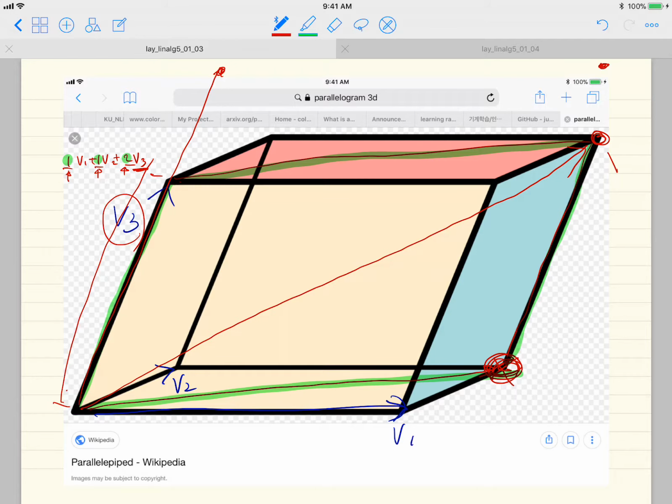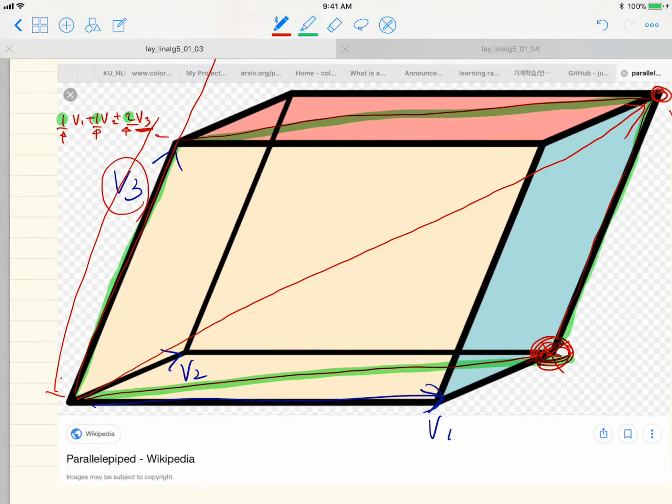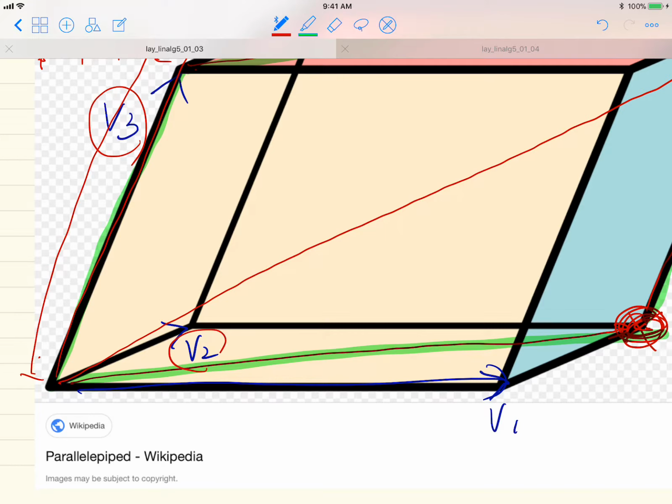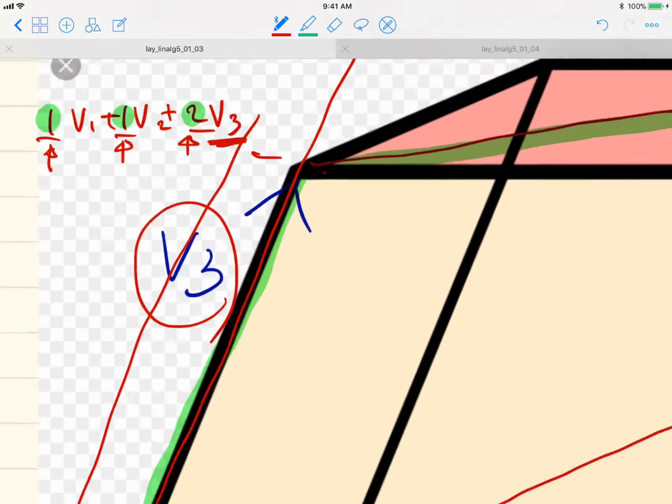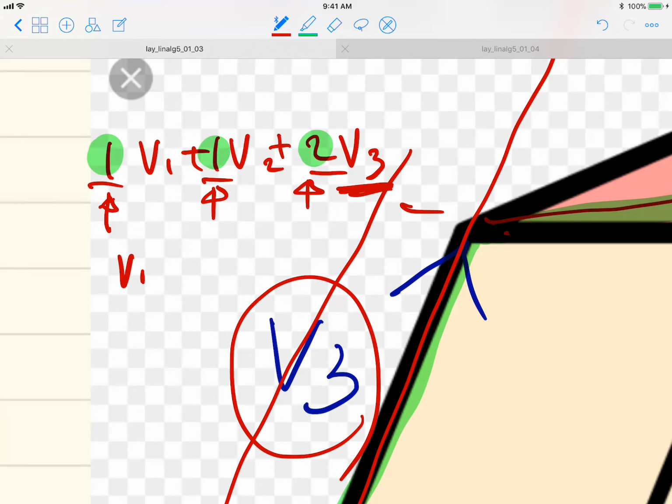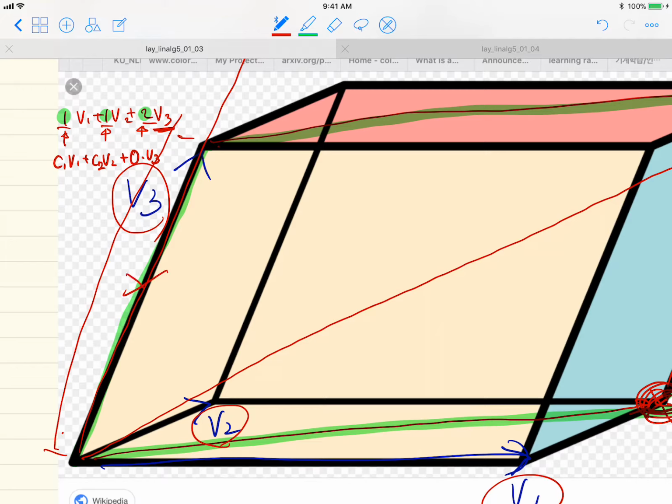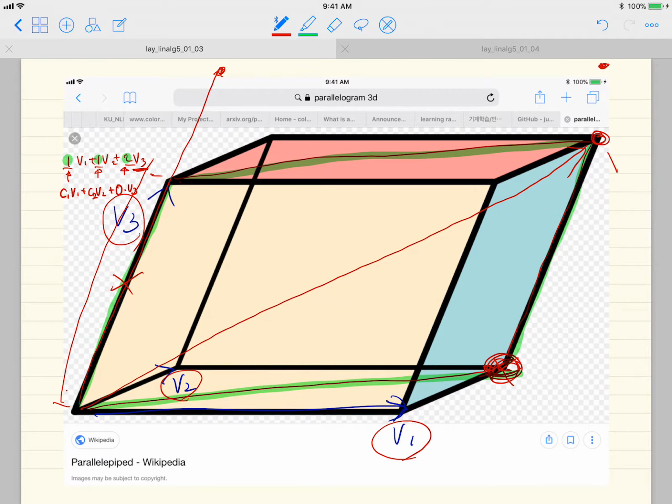So first of all, let's think about the span of the first two vectors, v1 and v2. In that case, it corresponds to all the possible linear combinations where we just ignore v3, and it will be the plane spanned by v1 and v2, right?